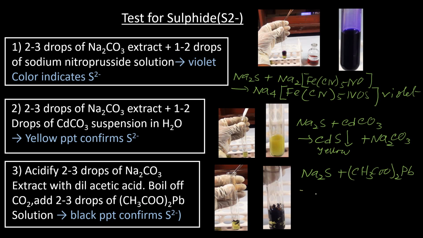Double decomposition reaction means the ions will exchange, exchange of cations and anions. So lead sulfide will form, which is a black precipitate, and the remaining will be sodium acetate, CH3COONa. So these are the confirmatory tests for sulfide.